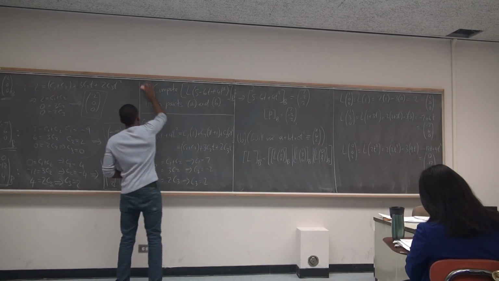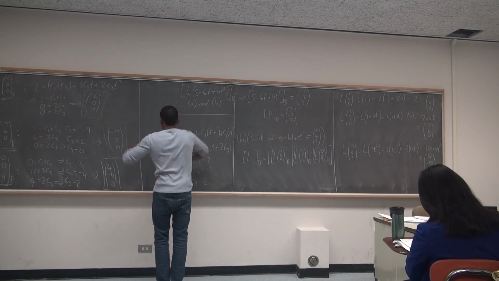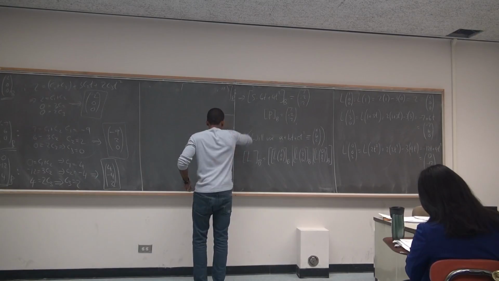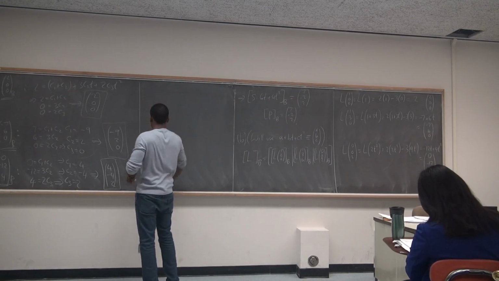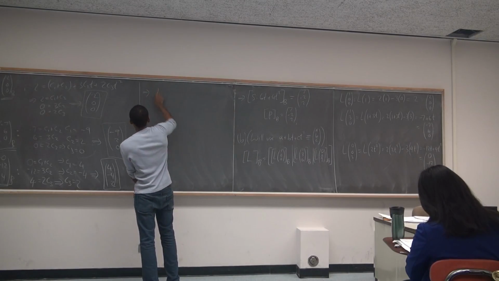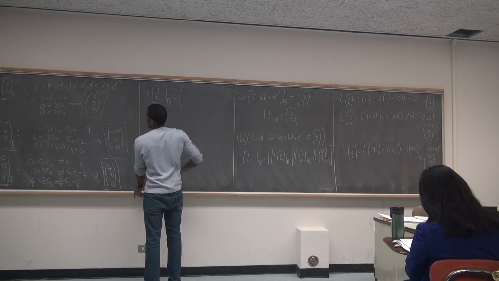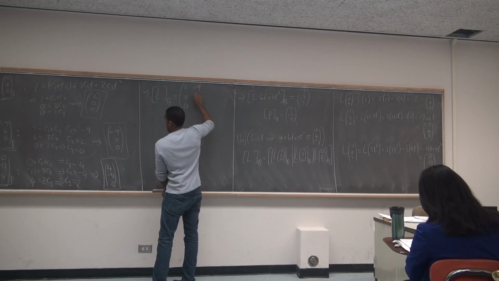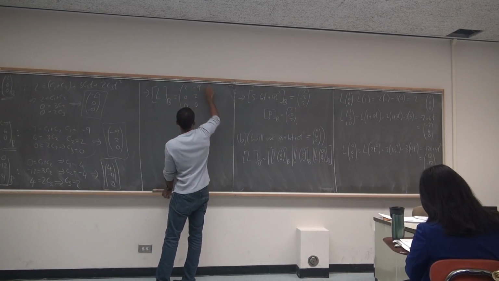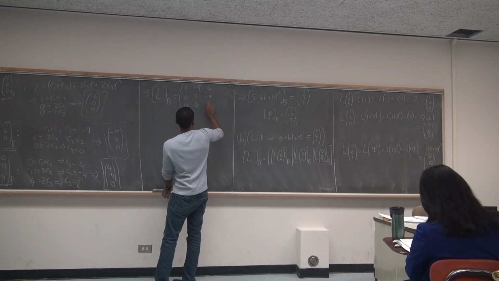So finally, we end up with the matrix of L with respect to B being just those guys thrown in a matrix: 2, 0, 0, minus 9, 2, 0, 4, minus 4, 2.